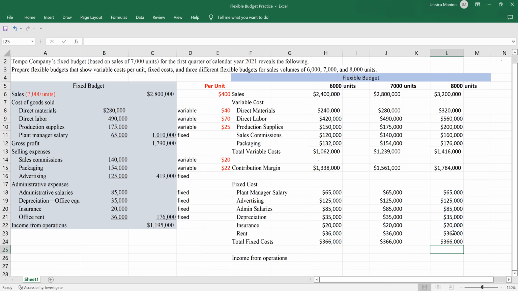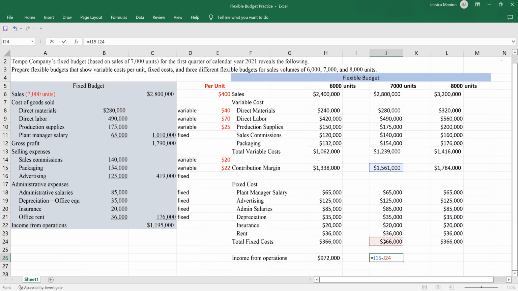All right. So income from operations now. We're taking our contribution margin minus our total fixed cost. So at 6,000 units, we expect income from operations to be 972,000. At 7,000 units, again, we're taking our contribution margin minus total fixed cost.